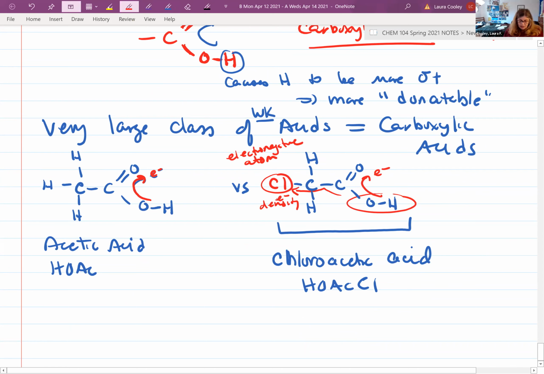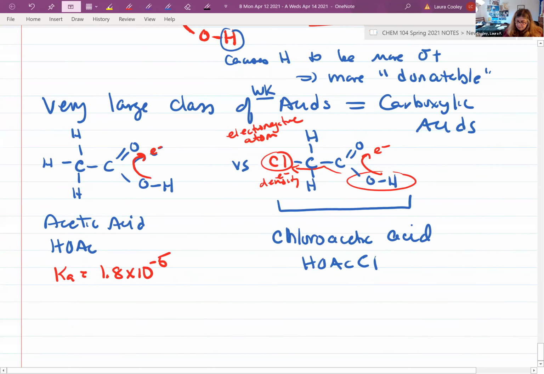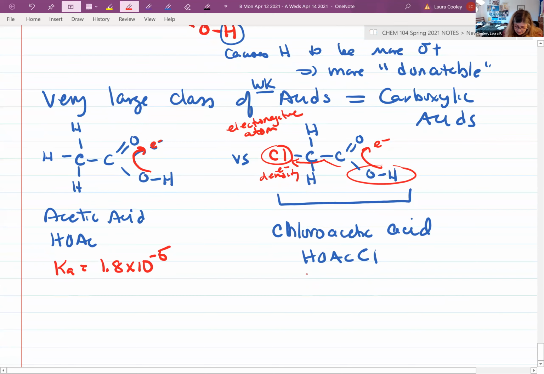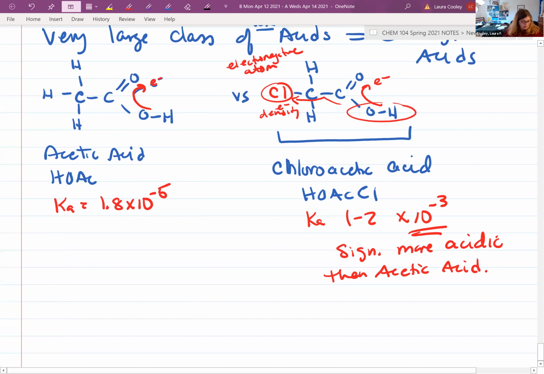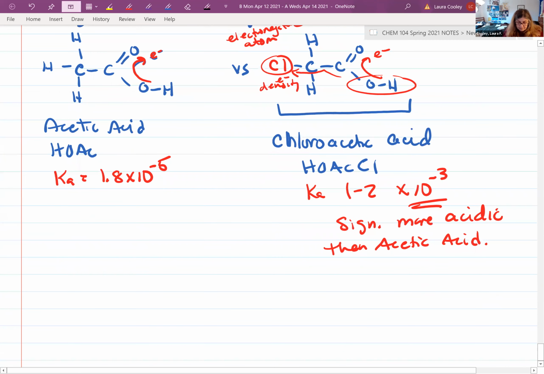Okay, and so whereas acetic acid has a Ka of about 1.8 times 10 to the negative fifth, HOAcCl has a Ka that's between 1 and 2 times 10 to the negative third. So it's significantly more acidic than acetic acid, and it's just from the presence of that chlorine. So the rest of the molecule is very important.